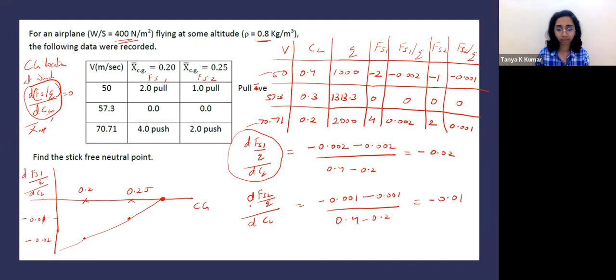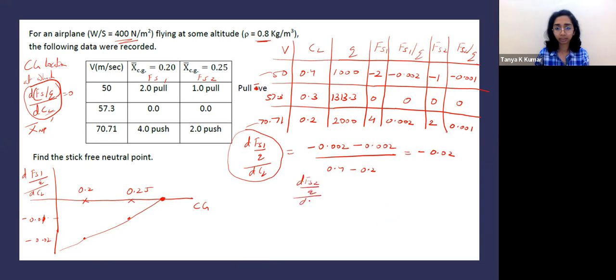So let me erase all this. So dFS2 by Q by dCL is minus 0.01. Okay. So now for this graph, let's just take the equation of a straight line.